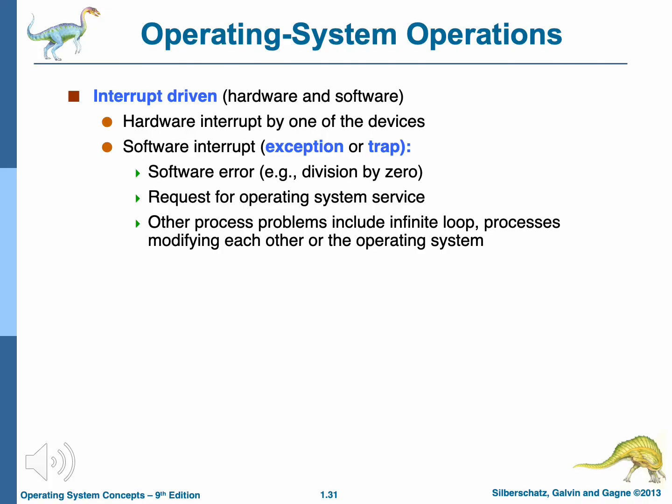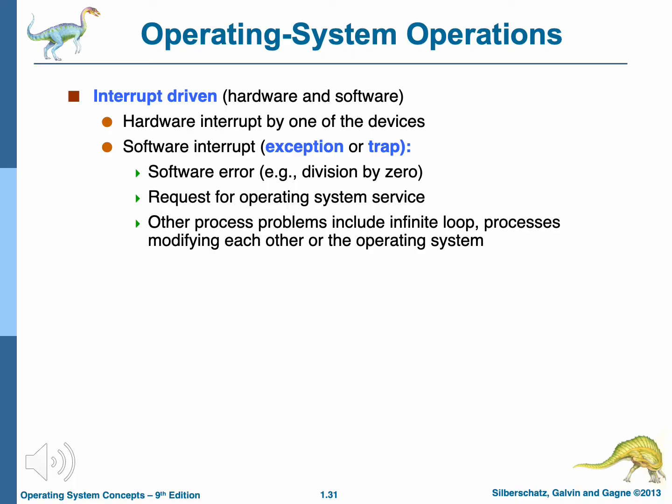Events are almost always signaled by the occurrence of an interrupt or a trap. A trap or an exception is a software-generated interrupt caused either by an error, for example, division by zero, or invalid memory access, or by a specific request from a user program that an operating system service be performed.